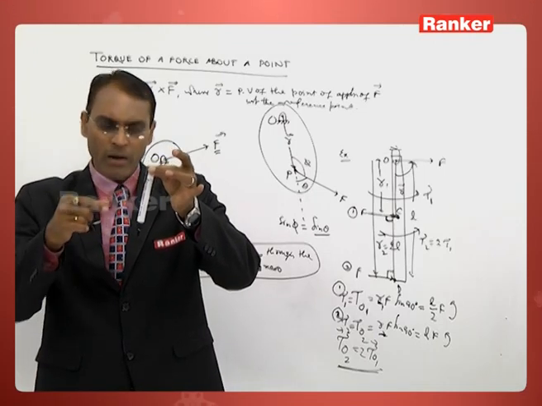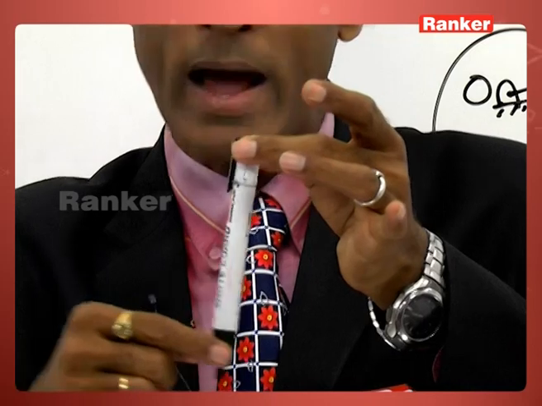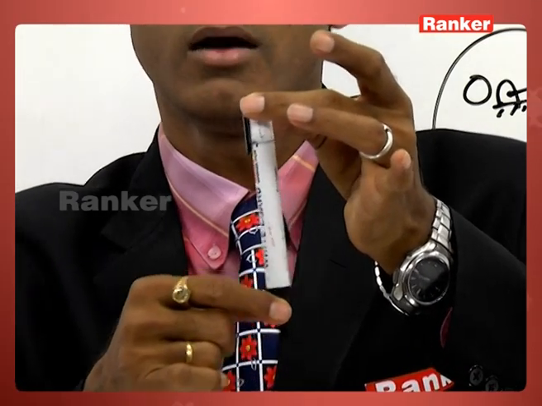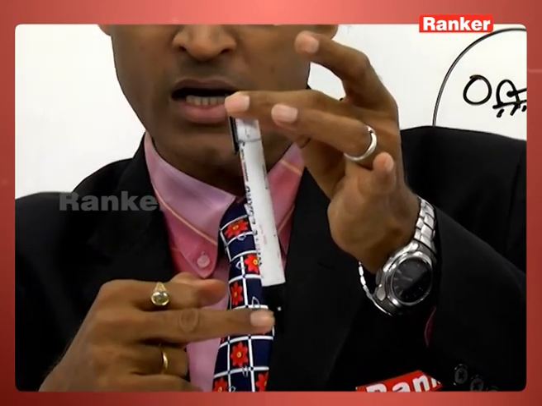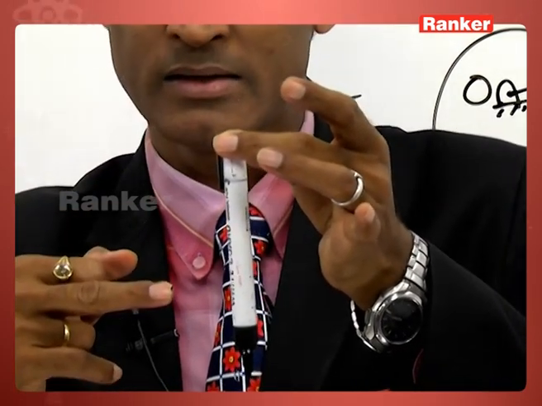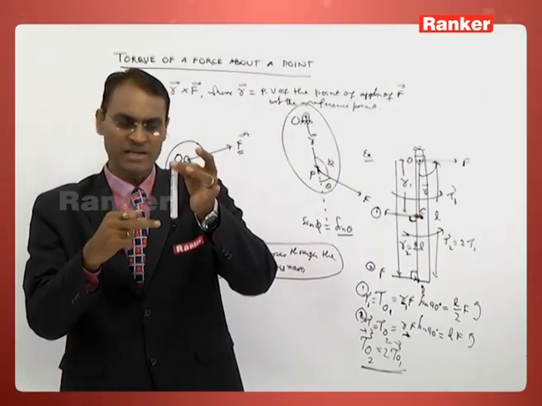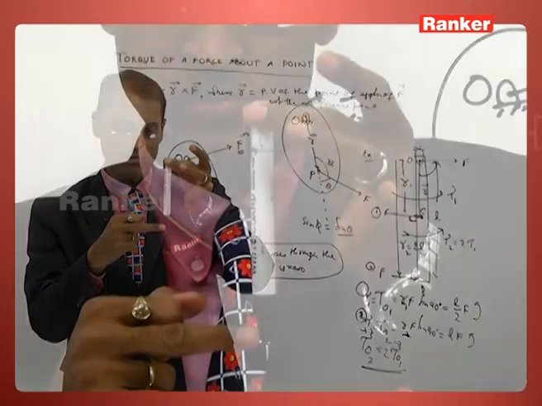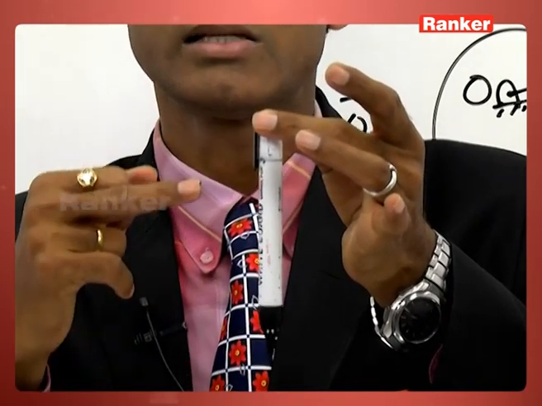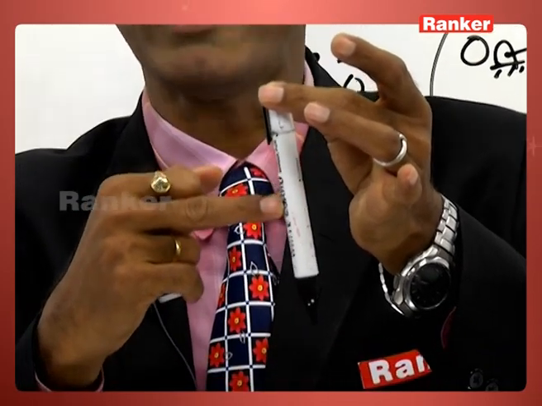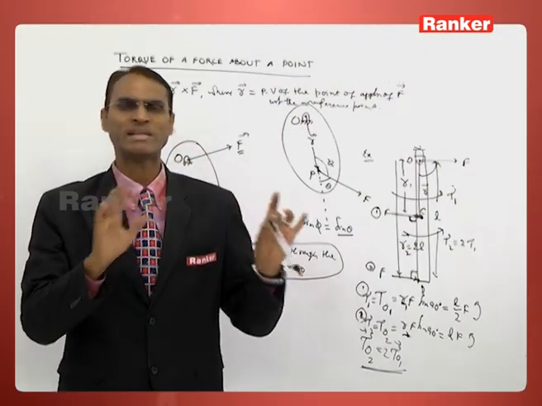This means that the angular acceleration of the rod when you apply the force here will be twice the angular acceleration when the same force is applied at this point. So the turning effect of the force in this case is twice the turning effect of the same force when it is acting at this point. Totally practical thing.